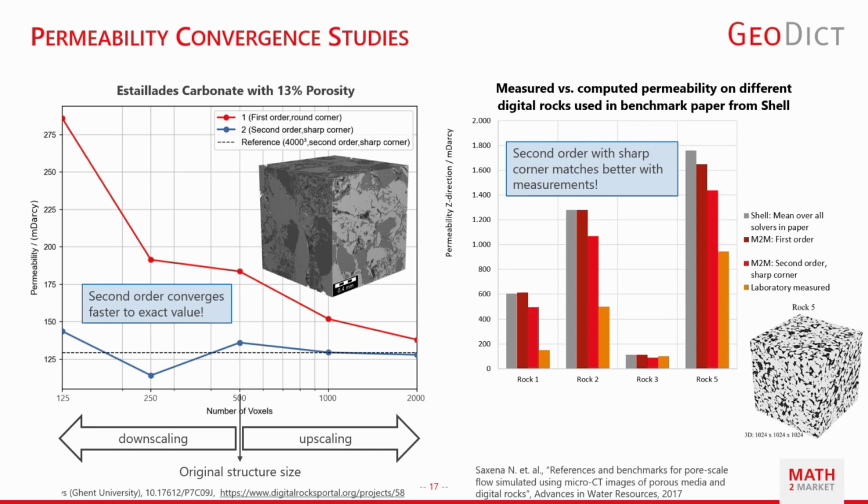You see quite a big deviation between the simulation and the measurement. If we now use both boundary conditions, second order and sharp corner, we can get closer to the laboratory measurements. There is still a gap, so it's not ideal. But as I said in the beginning, there's always the question of field of view and segmentation, and for this, we cannot be sure that we satisfy the other two conditions.